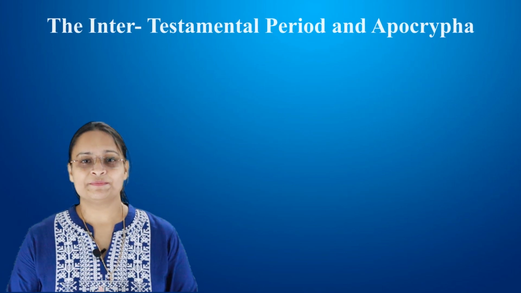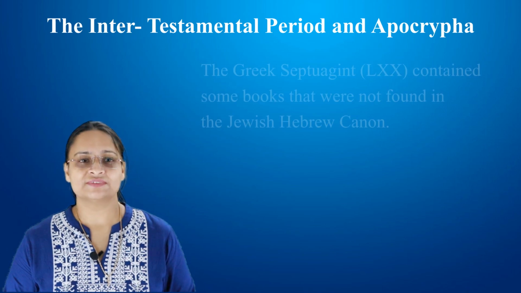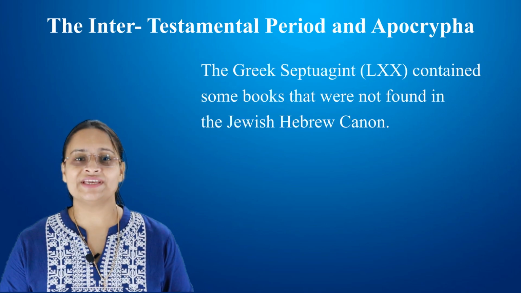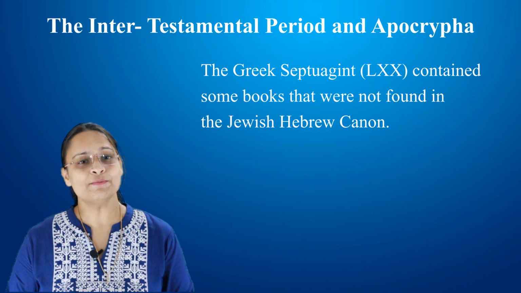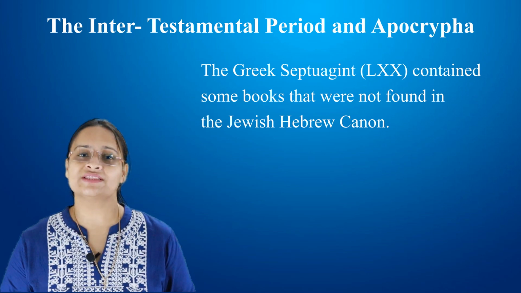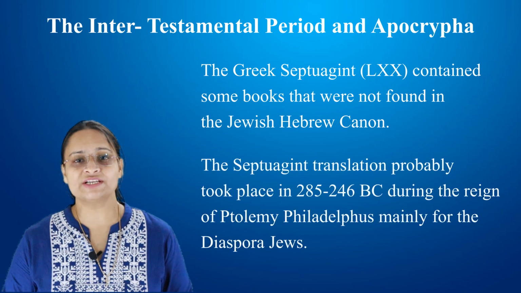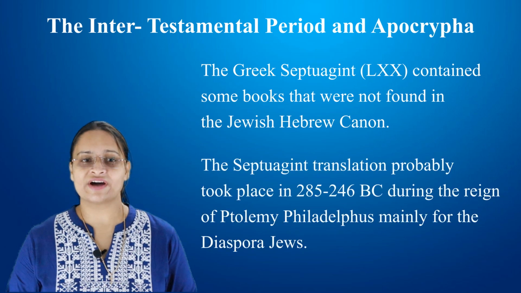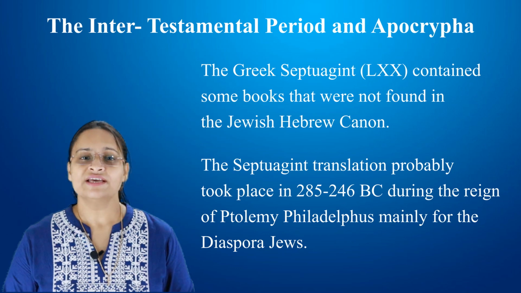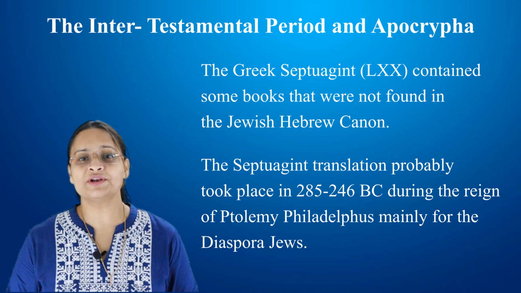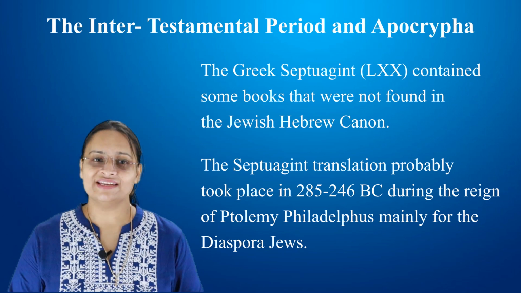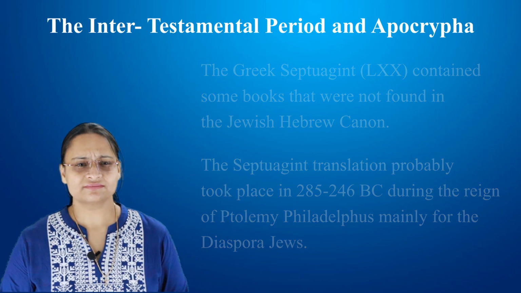The intertestamental period and the Apocrypha. The Greek Septuagint or the LXX contained some books that were not found in the Jewish Hebrew canon. The Septuagint translation probably took place in 285 to 246 BC during the reign of Ptolemy Philadelphus, mainly for the diaspora Jews.